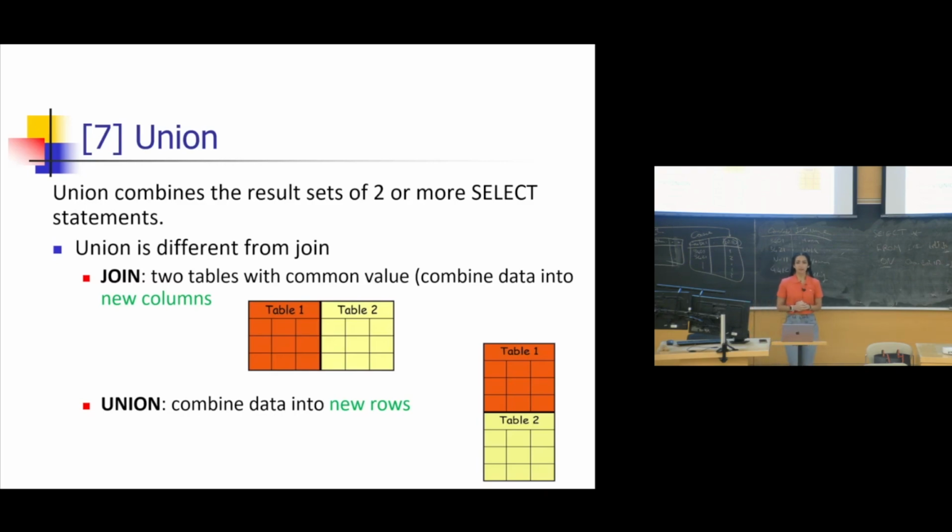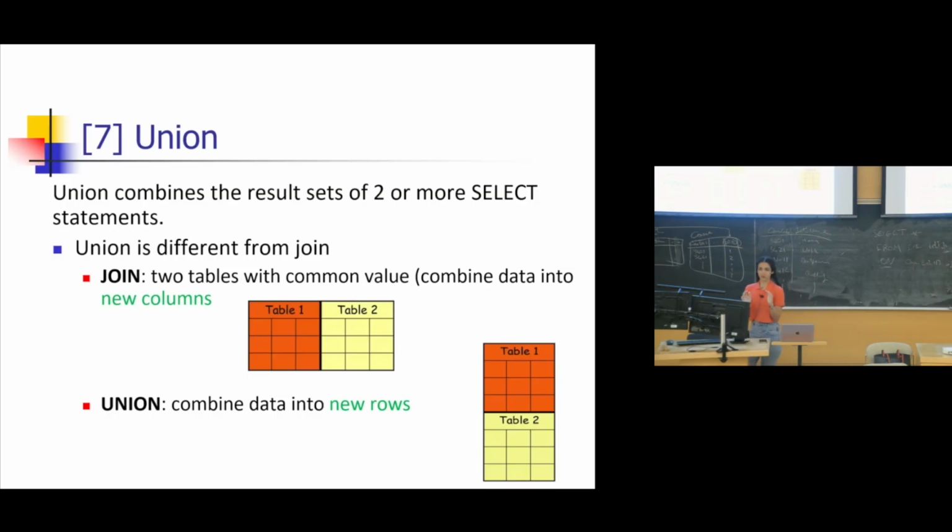Second, let's say column 1 is a student name, which is varchar, and the first column in the second table is something numeric. You cannot do that either, right?